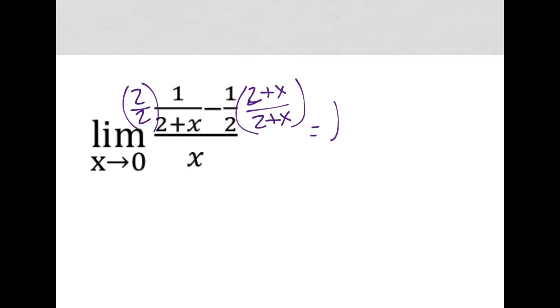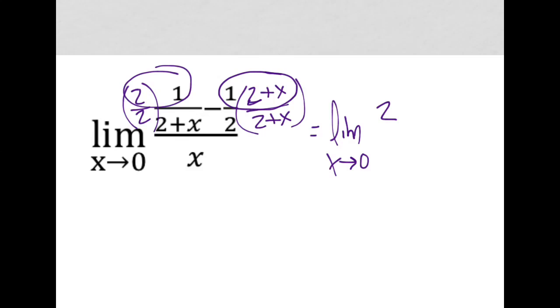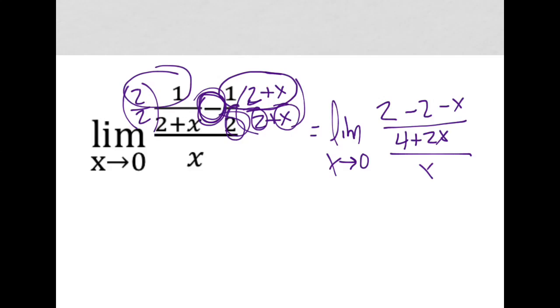And when I do that, I can rewrite this as the limit as x approaches 0 of 2 times 1 is 2, and 1 times 2 plus x is 2 plus x. But I'm subtracting that whole second fraction, so I'm going to get minus 2 minus x all over that common denominator, which is 4 plus 2x. Notice 2 times 2 is 4, 2 times x is 2x, and all of that is still over x.